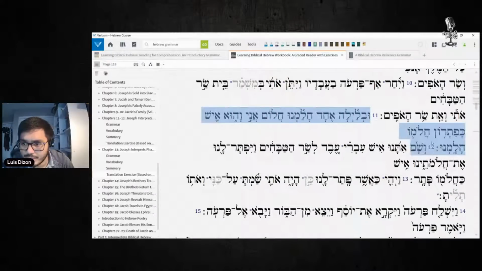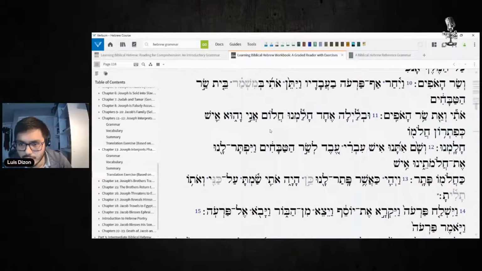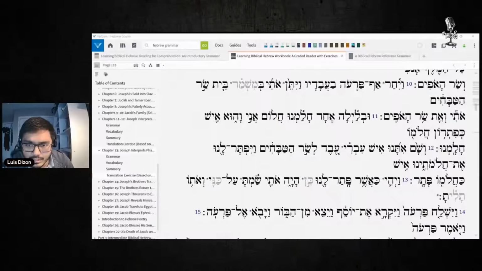Okay, so he's recounting what happened in our previous chapter when there were the dreams that needed to be interpreted. So here we have chalamnu, which occurs twice. Actually, let me see. They're not quite the same. You can tell this one has a patach and this one has a qamets, but they both have the suffix nu.